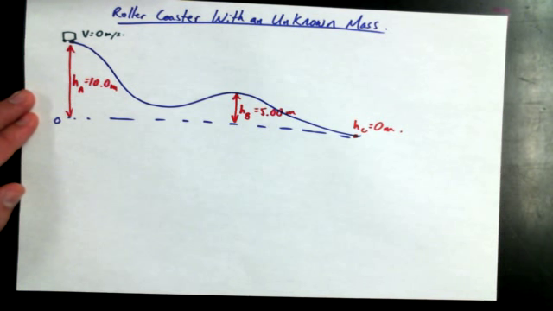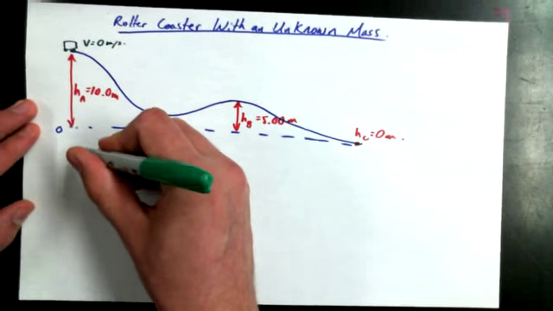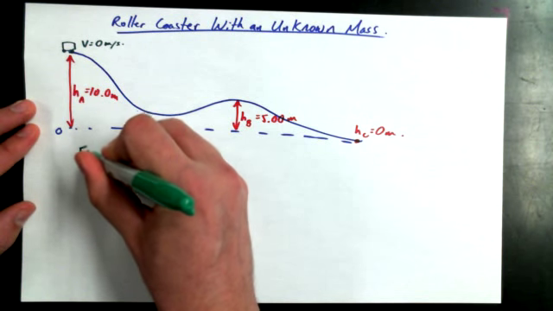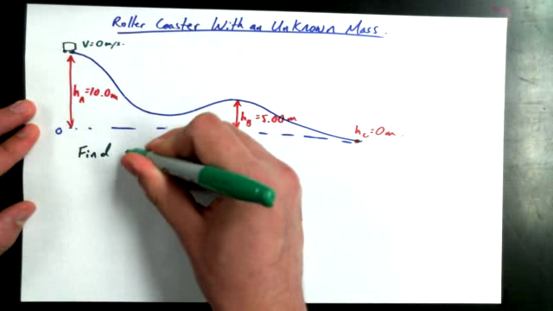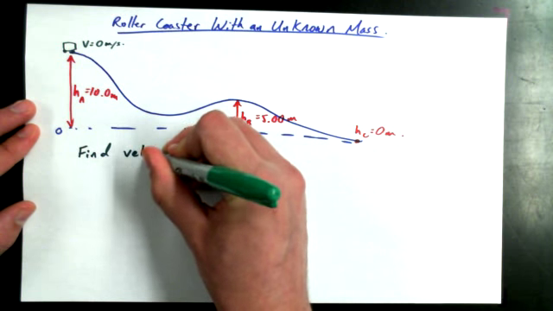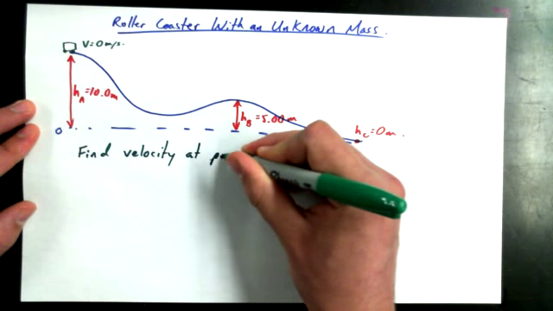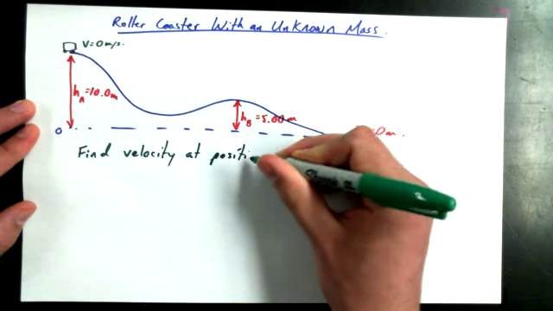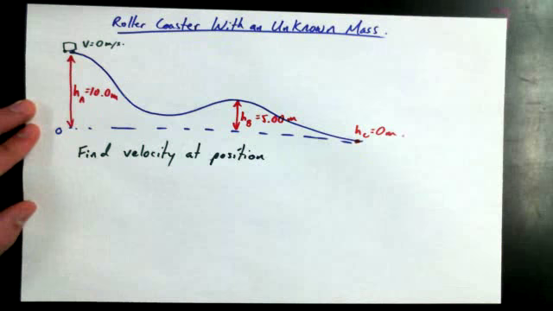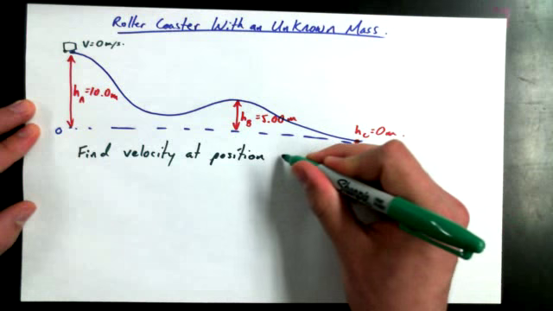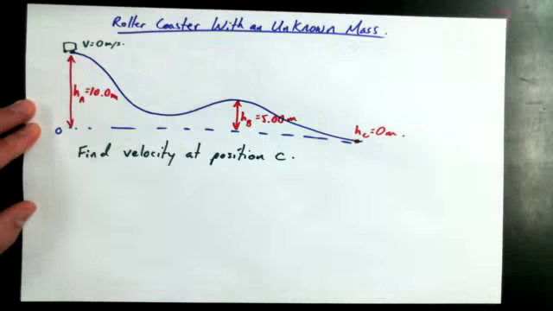Now what I'd like to propose is that we could find velocity at position B. Well, let's find it at position C first. At position C. Let's make that part A.